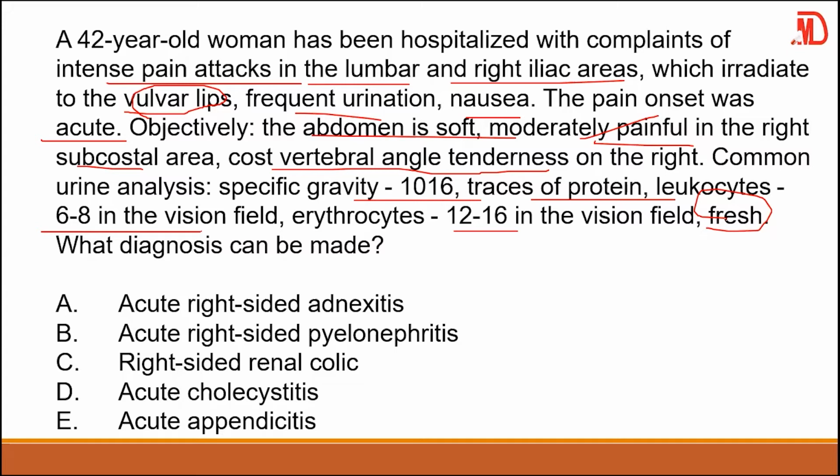Because of where this is happening, angle tenderness is present and all of those things. But again, renal colic can also be a cause, or stones in the urinary bladder. So these could be the reasons why we are having these symptoms in this patient. So here, your answer is right-sided renal colic. This one, I believe we've discussed it severally.